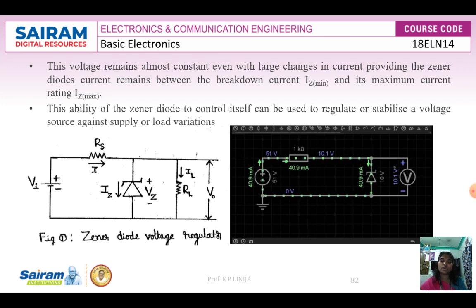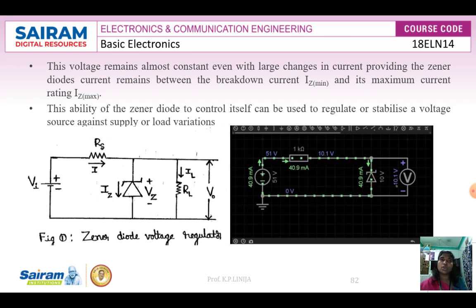The other end of the source resistance is connected to the Zener diode, that is the cathode, and the current Iz is flowing, and the Zener voltage is represented by Vz. At the output terminal we have connected a load resistor, that is RL.